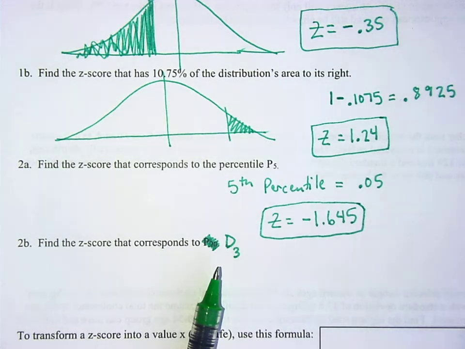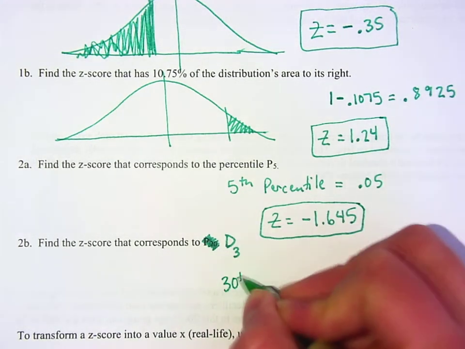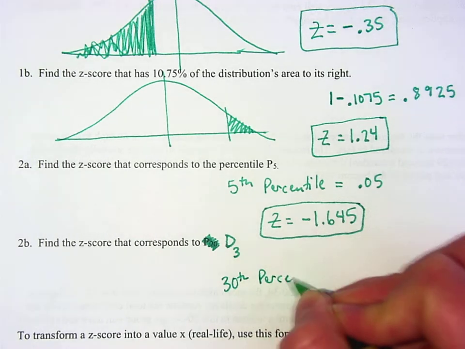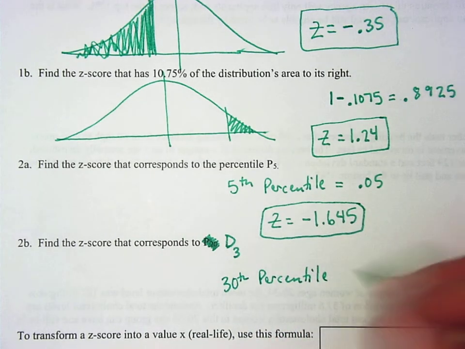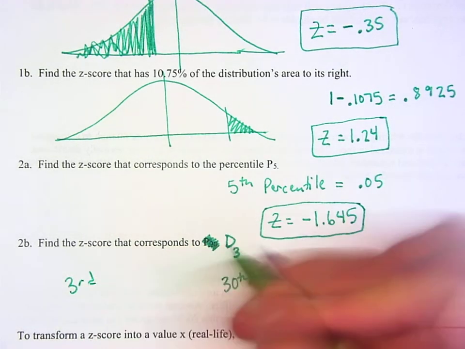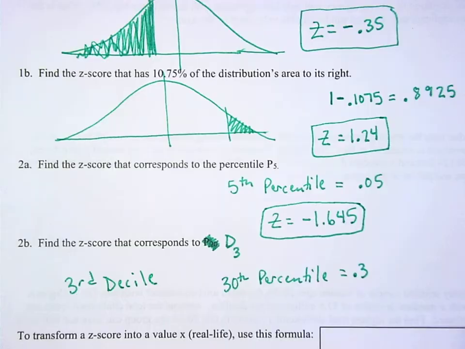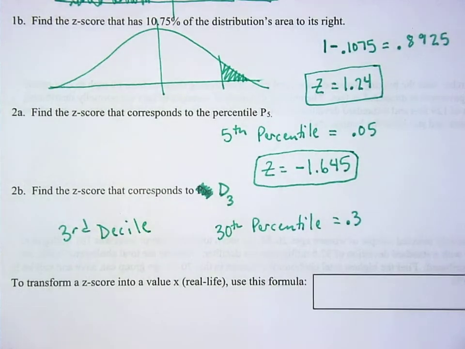No, we're looking for 100% split into 10 pieces. 30, so it'd be 10% in each one. So this is actually equal to the 30th percentile. So you're looking at 0.3, or it's the third decile. And they do like to put these on the AP test.